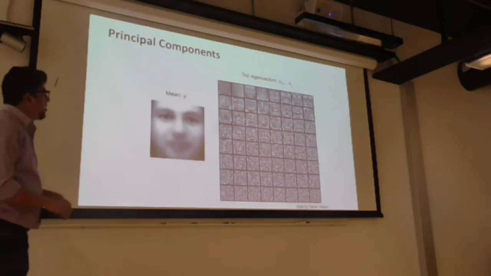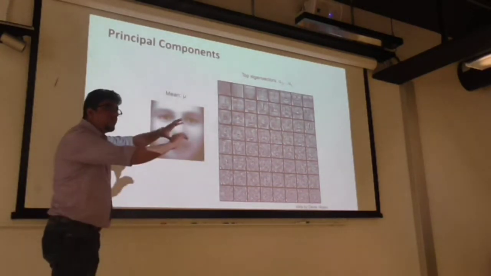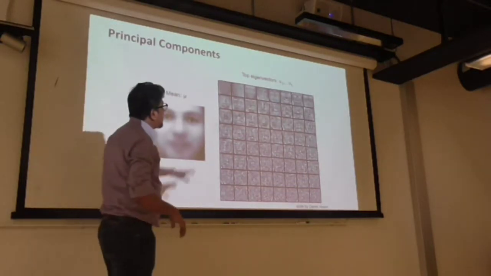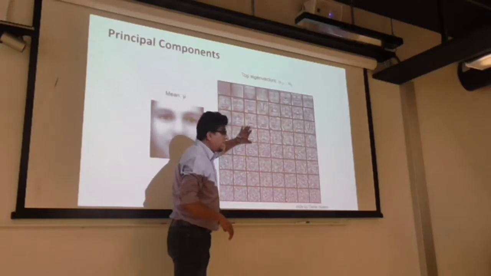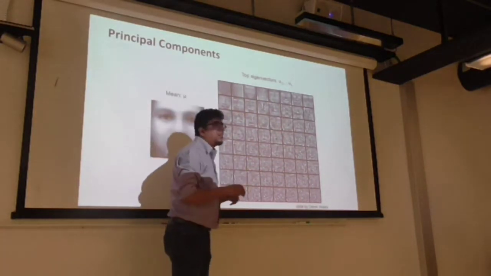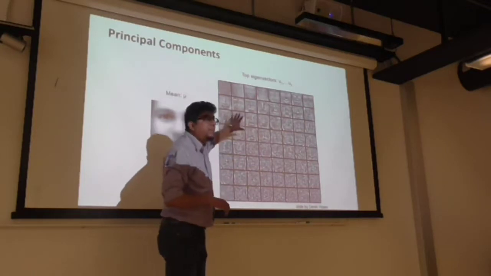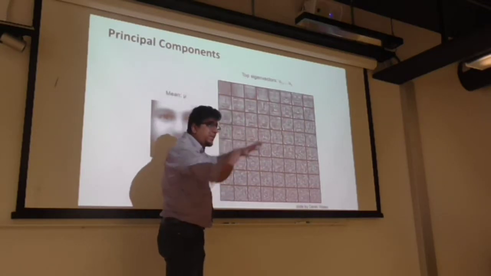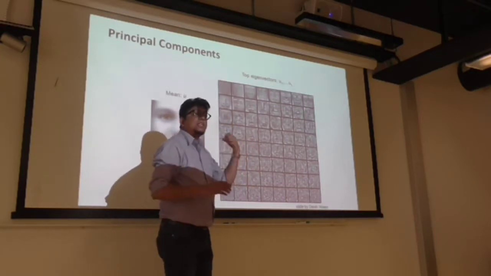Okay? So this is the mean image. We need to get it out and then find some eigenvectors. These are top eigenvectors. Okay? And you can see that this is just like an average image. Okay? So these are the bases. With a combination of these things, we can build the original image.